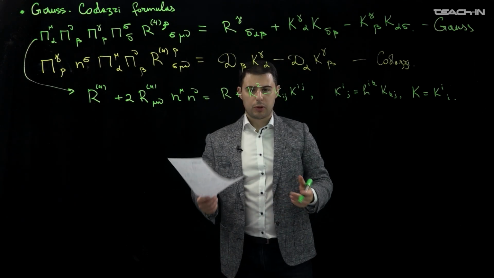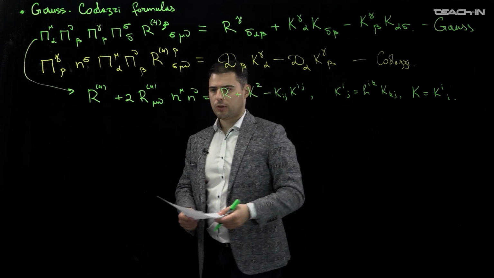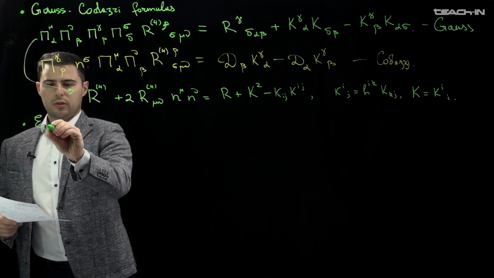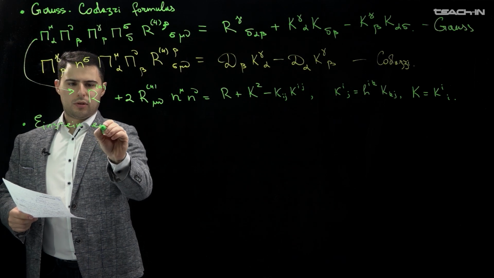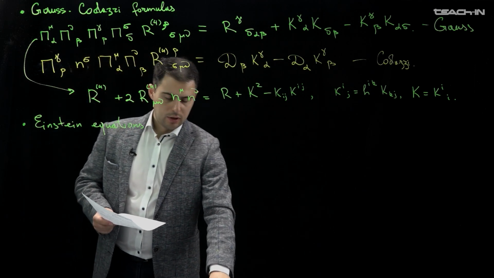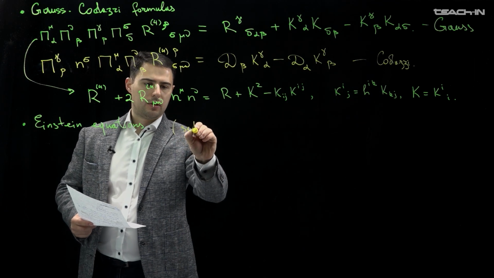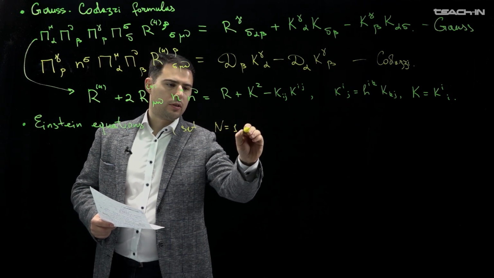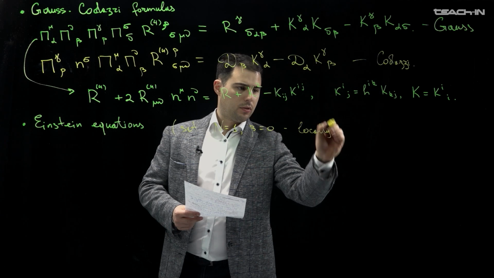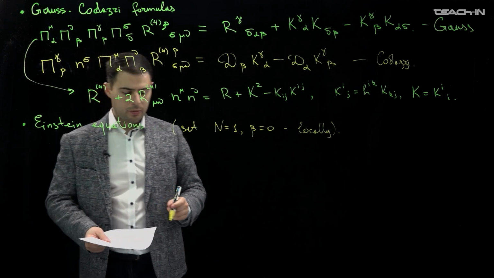So these formulas historically allowed us to write down the 3+1 split of the Einstein equations. The Einstein equations, where for simplicity we will use the local coordinate freedom to set n equals 1, b equals 0 locally, can be written as follows.